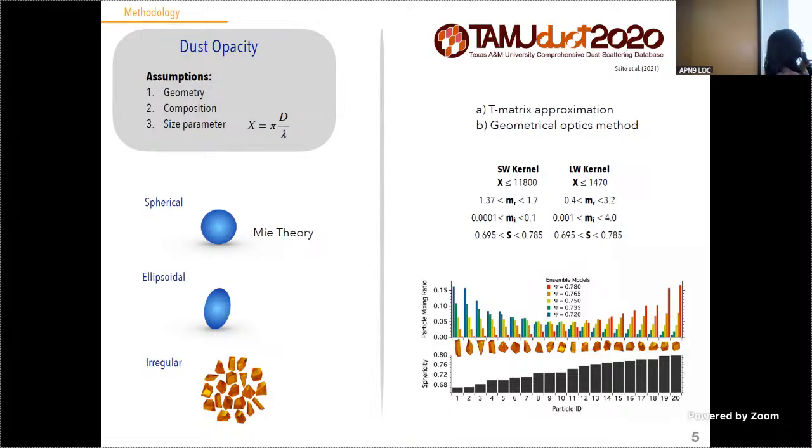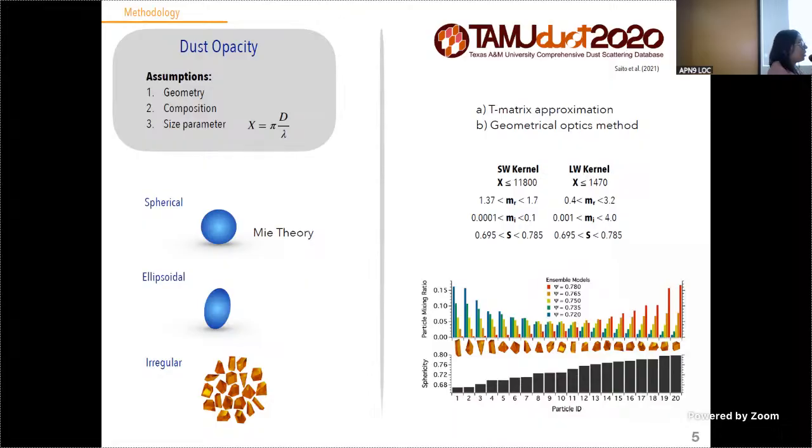In Cloudy, we are assuming from the database spherical grains. This is based on Mie theory. However, there are also some works that are trying to invoke ellipsoidal grains, but based on a kind of modified Mie theory in order to give this dust opacity.